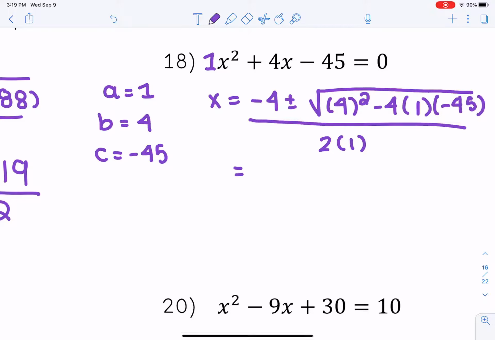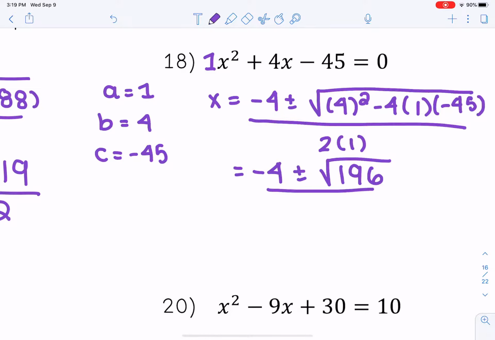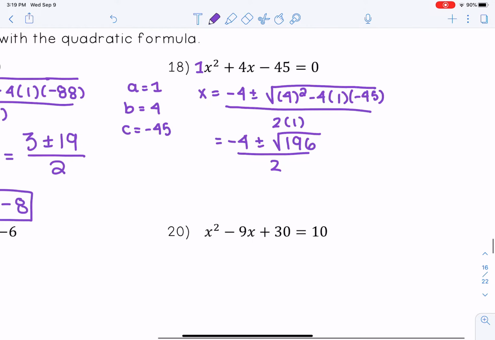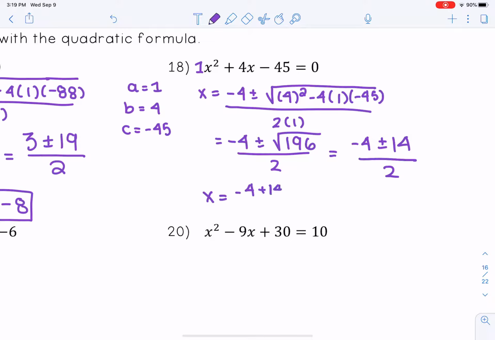Plug in that thing underneath the radical into your calculator, parentheses and all, and you'll get square root of 196 over 2, which is a nice perfect square root, so it actually simplifies to 14. So now our answers are -4 plus 14 over 2, or -4 minus 14 over 2, which is 5 or -9.